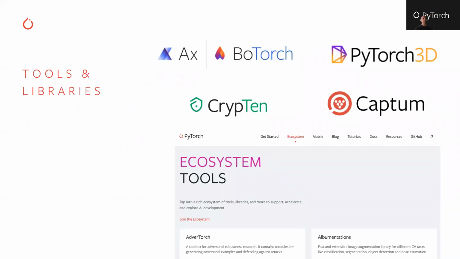I mentioned tools and libraries. This is only a handful of the ones that they developed. If you go to pytorch.org/ecosystem, there's literally dozens of projects that we review and then put on the page, and these are projects that have a great user experience. They have great documentation.